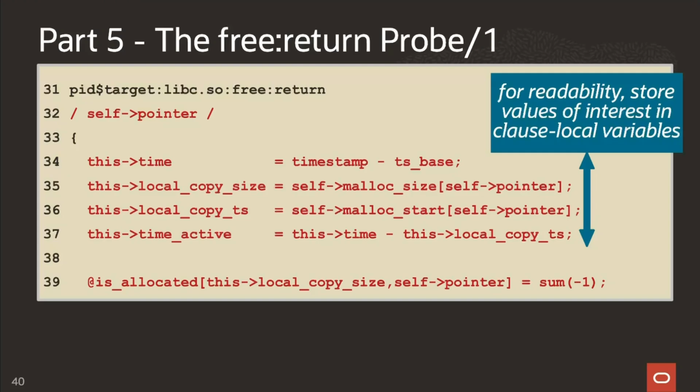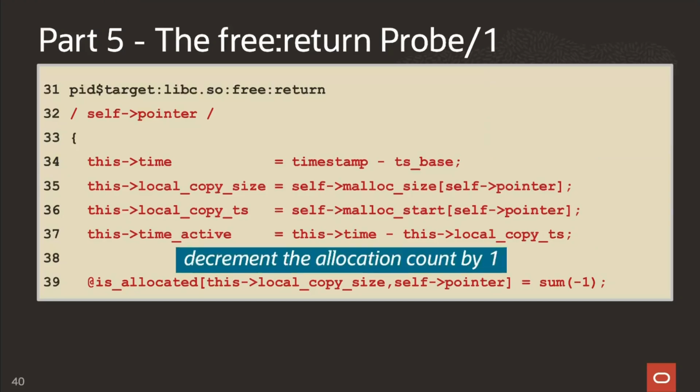At line 37, I can actually calculate the active time of that memory block, because I have the time, I know when I'm in the free return, and I know that's the second element that I subtract. That was when the malloc started. I can compute how long that block was in use, claimed by malloc. You don't know what happened with it, of course, but it's what I call the active time.